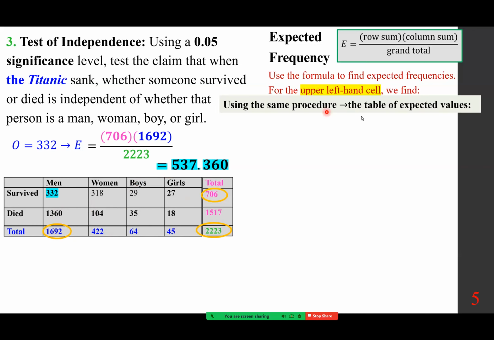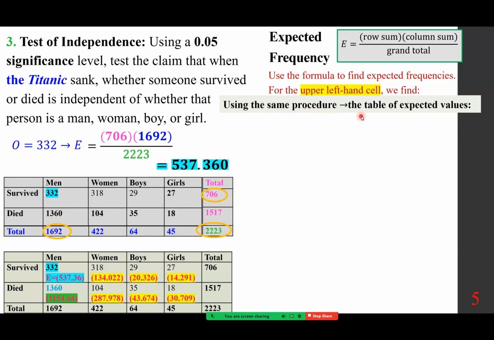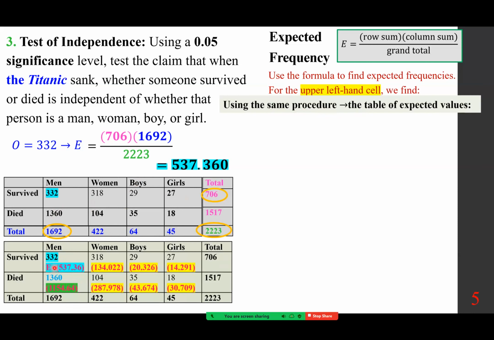So using the same procedure, the table of expected values becomes this. So this is the actual value, this is the expected value, and so on. Specifically for this one, it's been calculated as such.